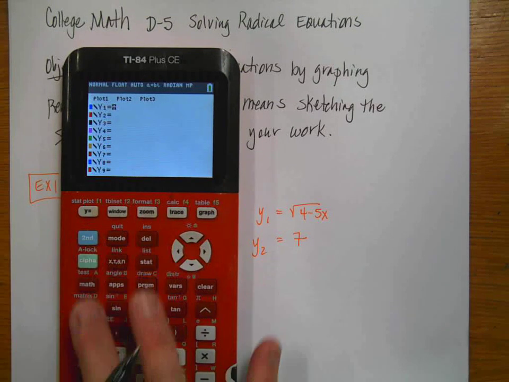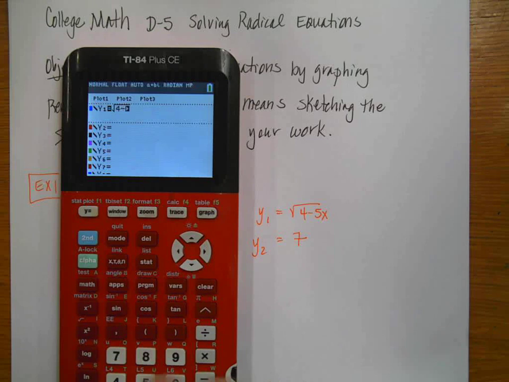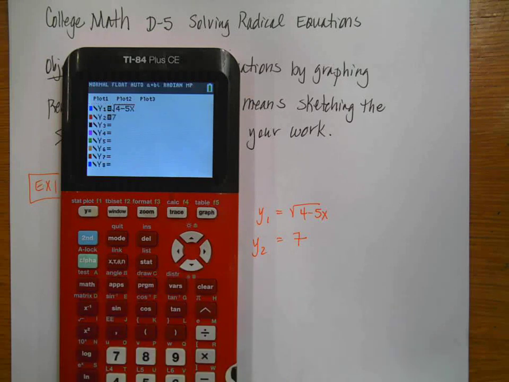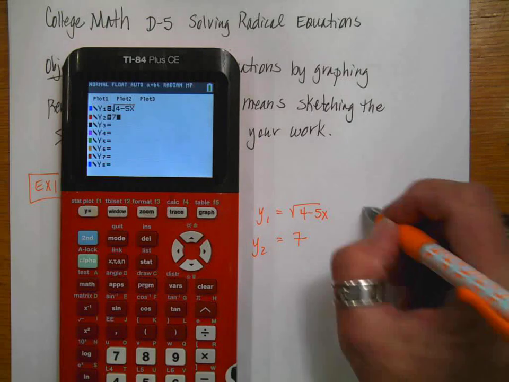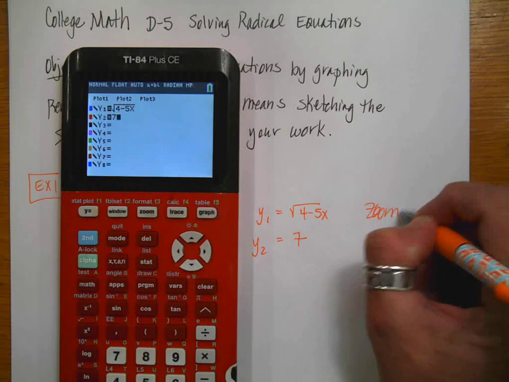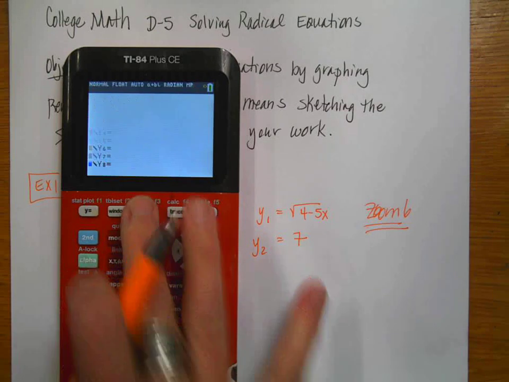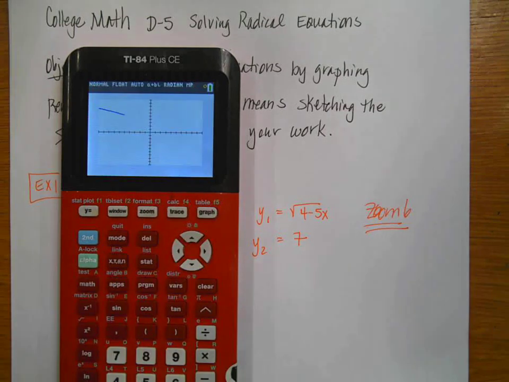I'm going to do the square root of 4 minus 5x, and 7. The piece that I'm noticing as you work on your classwork is that you are not doing a Zoom 6. So remember that I always want to go back to my standard viewing window. So I'm going to do Zoom 6.